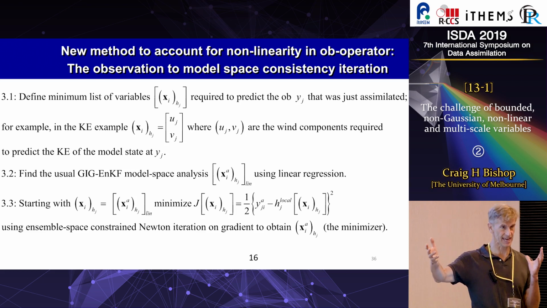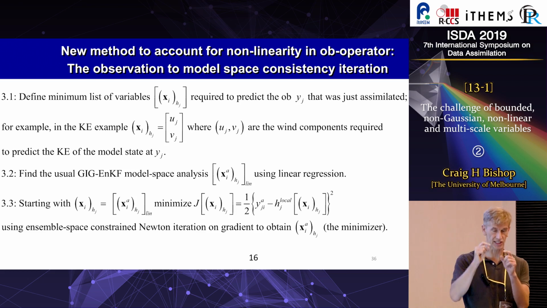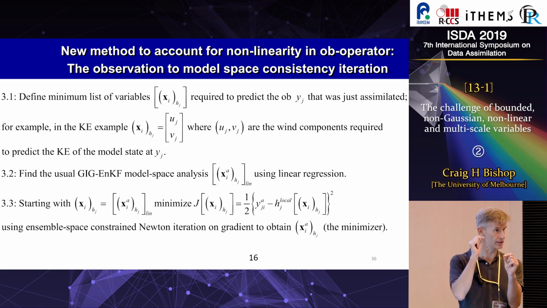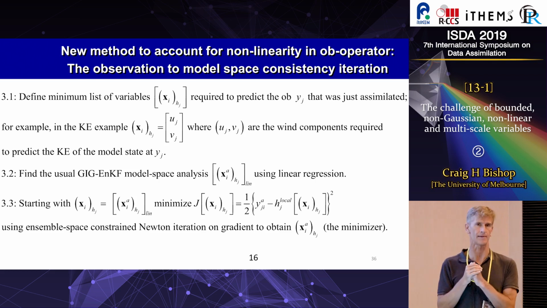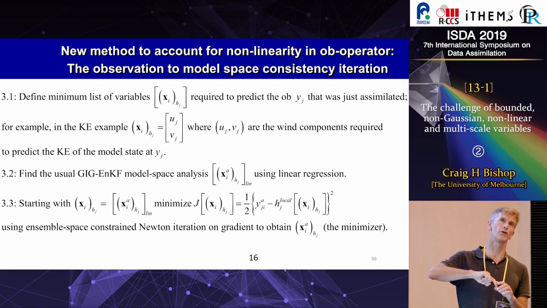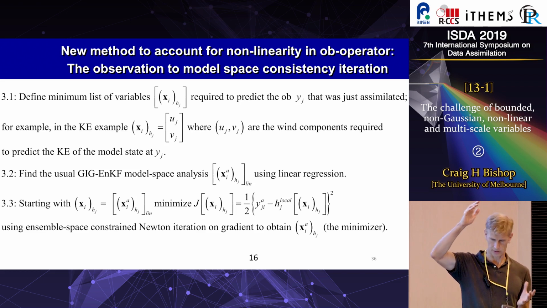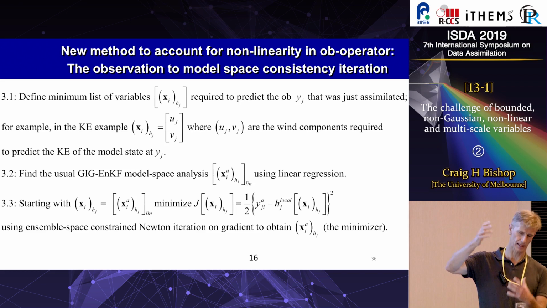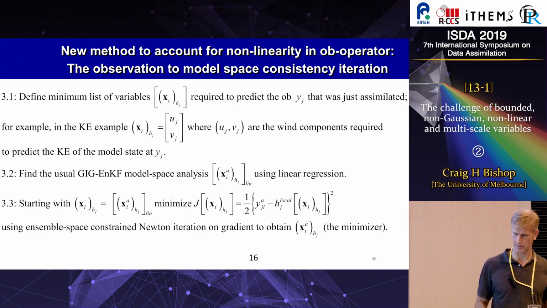In this case, it's kinetic energy, so the minimal list is just the U and V value at the site where the observation was taken. So there's just two variables, U and V. For Leonhard Scheck's example, there's a whole vertical profile of cloud water, cloud ice, I think humidity as well, so there might be like 100 variables in that minimal list.